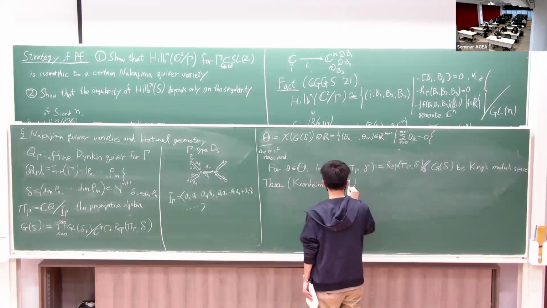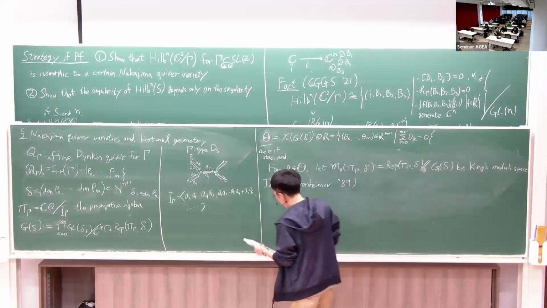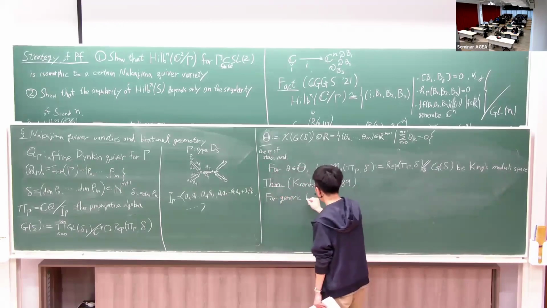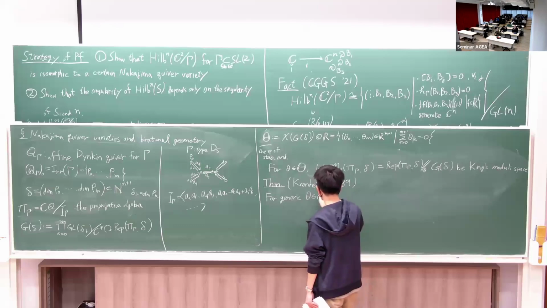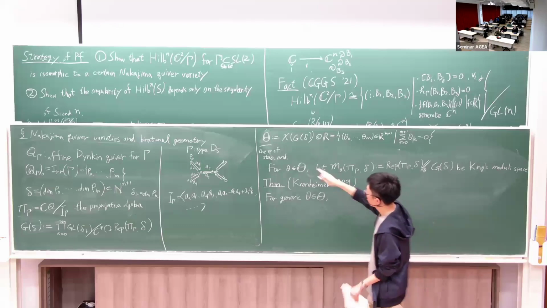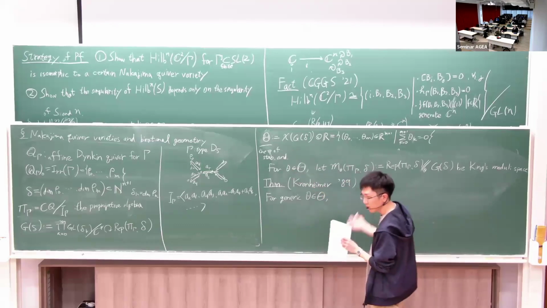So now we can state the following result by Kronheimer in 1989. So for generic stability condition theta, in general the space of stability conditions has wall and chamber structures.